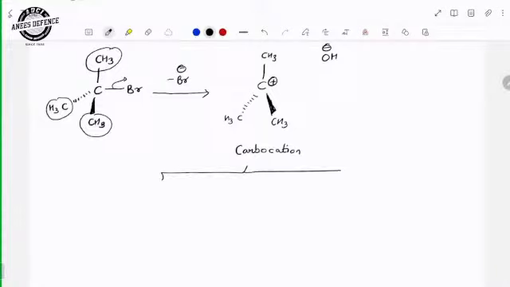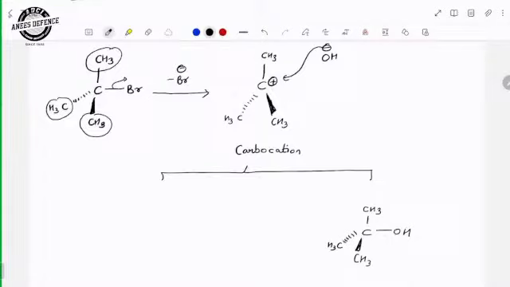One, it can attack the carbon atom from the front side. And what would be the product for that? It is somewhat like this: CH3, OH, CH3.